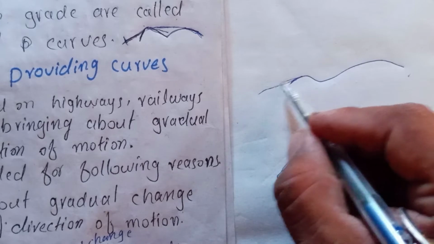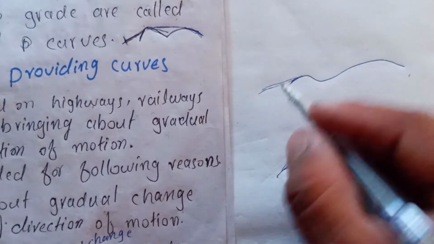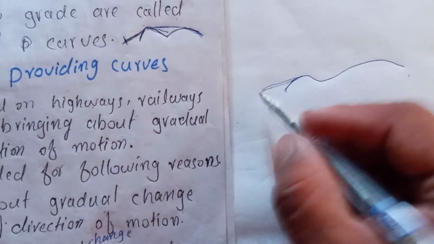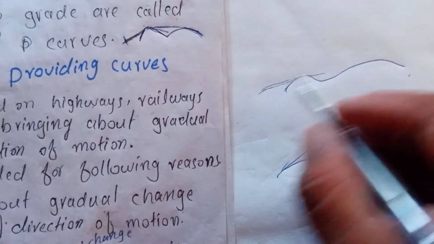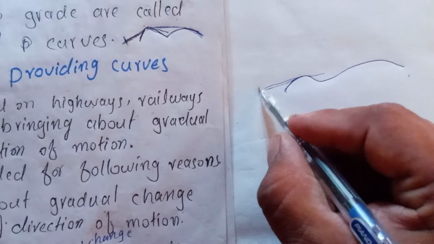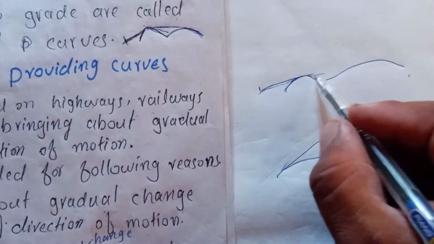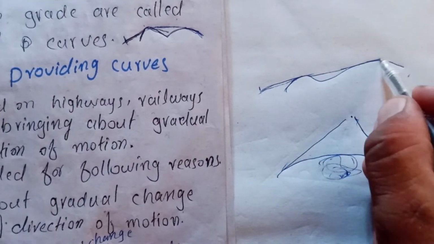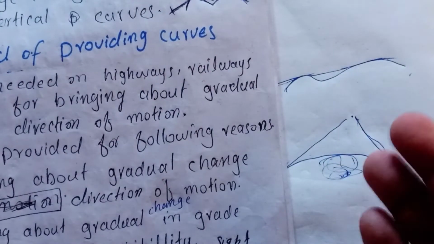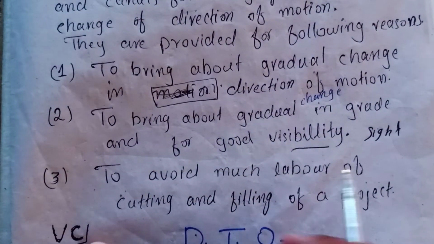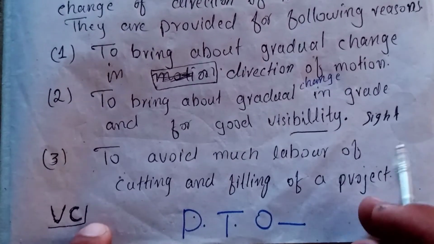Suppose this is the case: for a high grade, traffic can't go, just like on a sharp slope. So we should provide a grade of normal degree so that traffic can go upward and downward. The third, to avoid much labor of cutting and filling of projects.